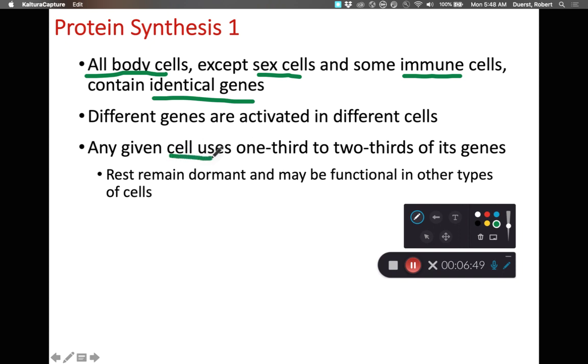Any given cell will use about 1/3 to no more than 2/3 of its genes. The remaining genes remain dormant, and that's okay because by activating or deactivating different genes, we can differentiate ourselves. We can take a muscle cell and make it a skin cell or an intestinal cell. So it's good that we don't have all genes active all the time.